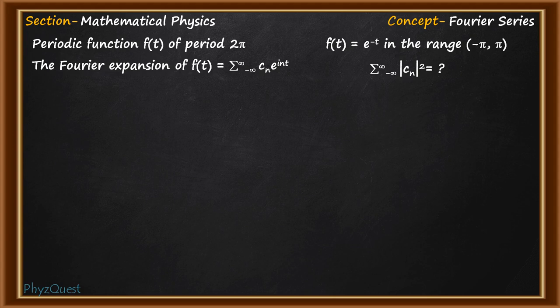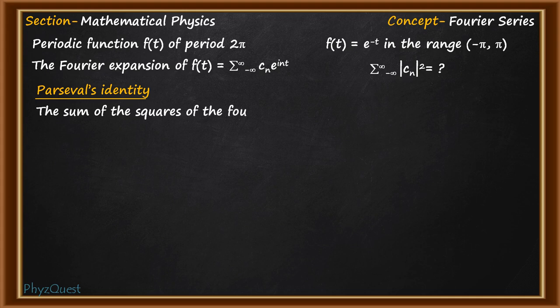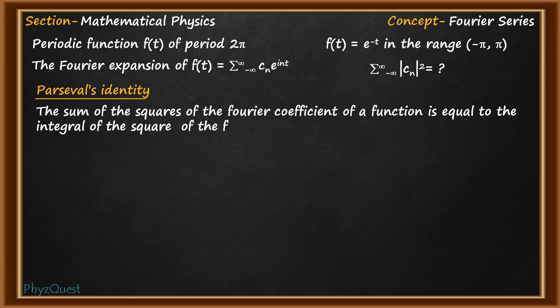In order to calculate that, we have to use an identity known as Parseval's identity, which states that the sum of the squares of the Fourier coefficients of a function is equal to the integral of the square of the function.